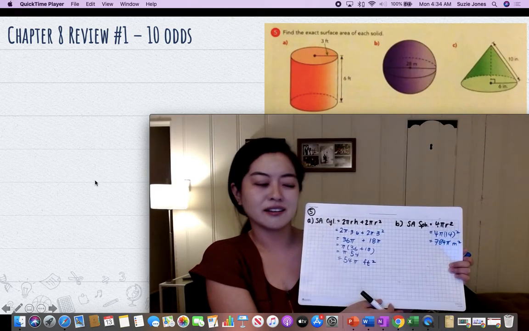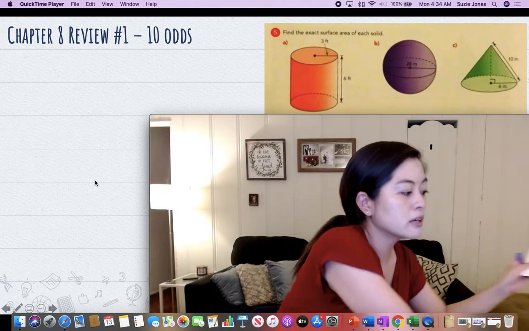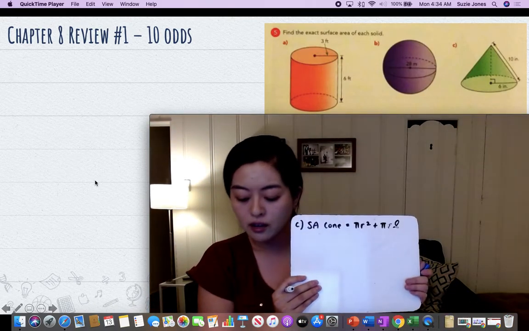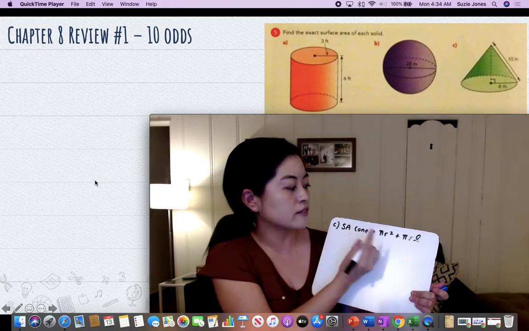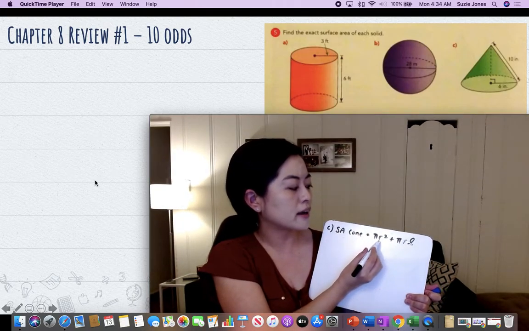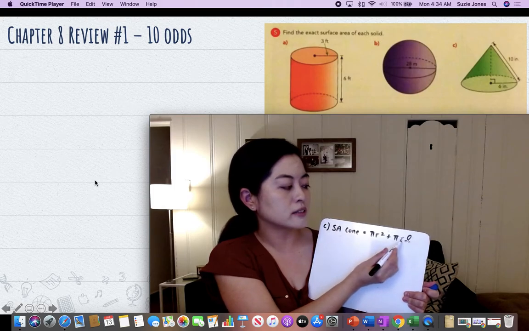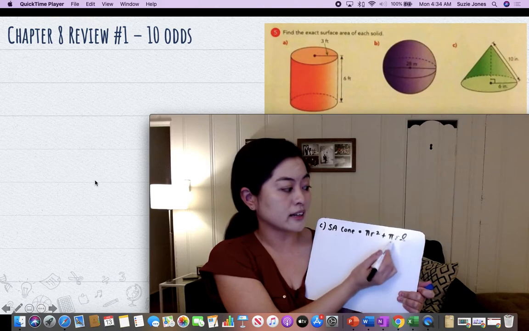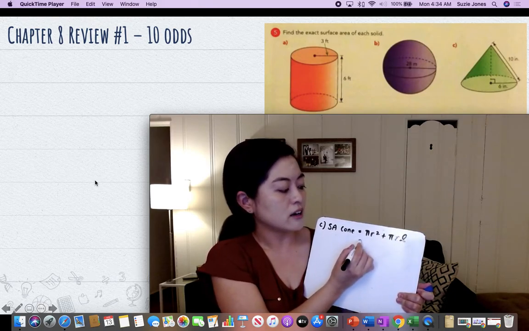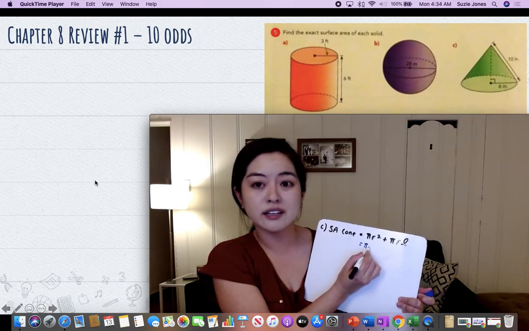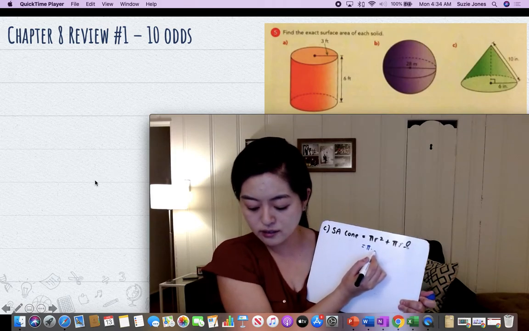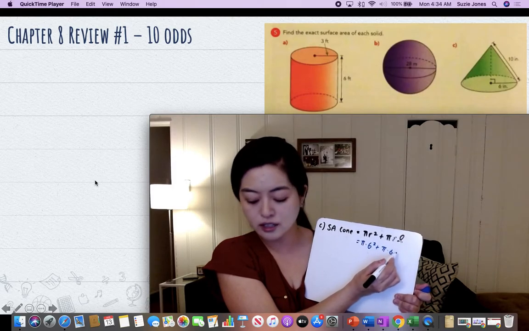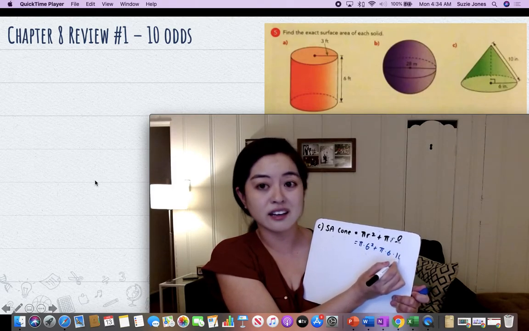Okay. All right, and then for part C, I put it here. For part C, the surface area of a cone is pi times r squared plus pi times r times l, where l is the slant height. So that's equal to pi times 6 squared plus pi times 6 times, and what is the slant height? It's 10.